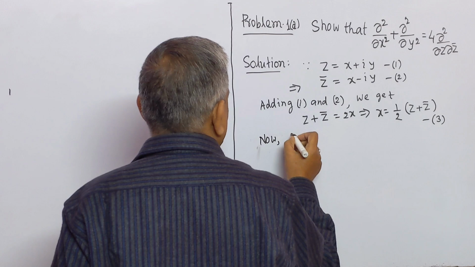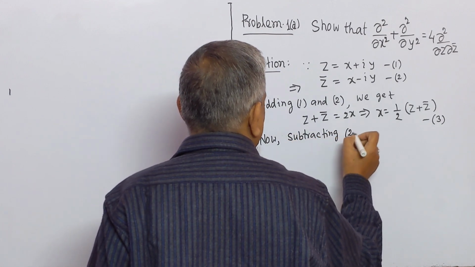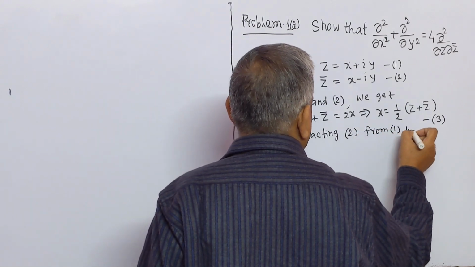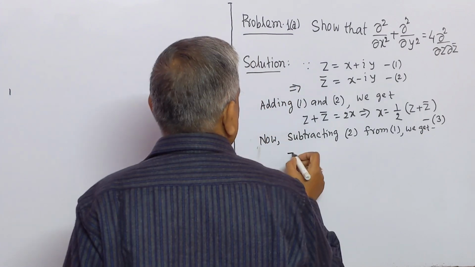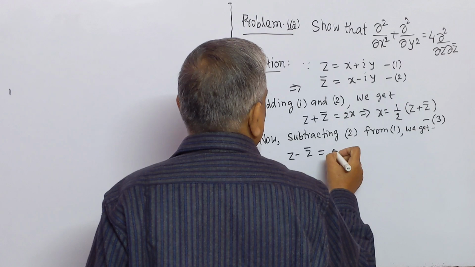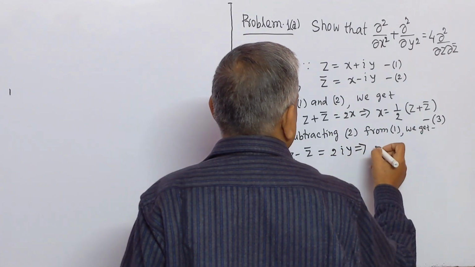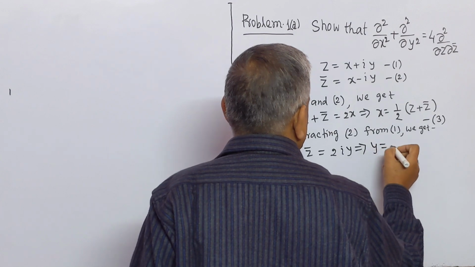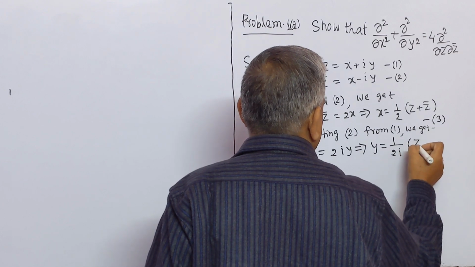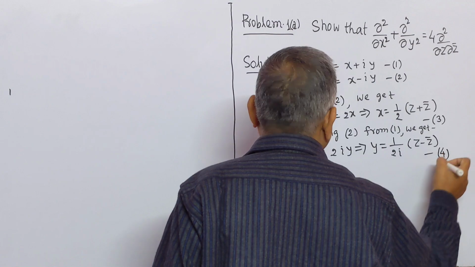Now subtracting 2 from 1, we get z minus z bar equal to 2iy, implies that y equal to 1 by 2i z minus z bar. This is number 4.